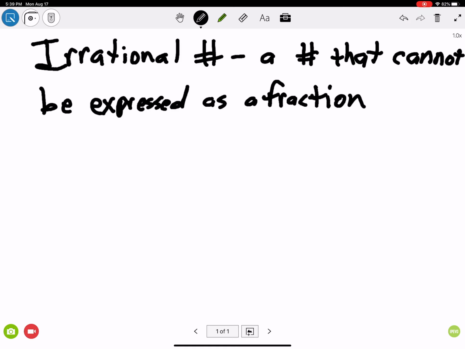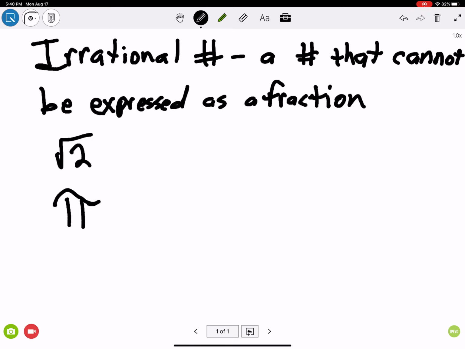So for example, the square root of 2. If you take a calculator and you figure out what the square root of 2 is, it's going to give you a giant non-repeating decimal. And because it's non-repeating and it doesn't have a pattern that it can really follow, there is no way, since it goes on forever, that I can express this as a fraction. Another well-known irrational number is pi.